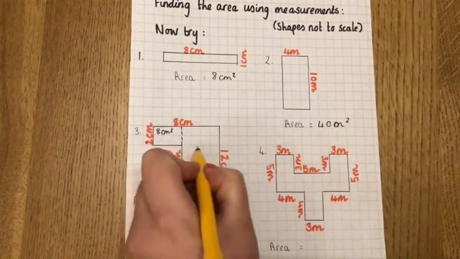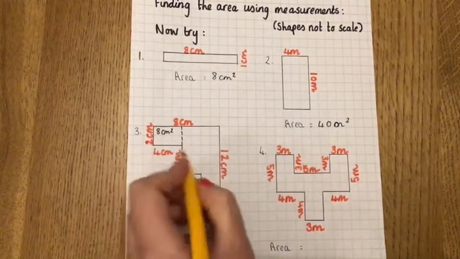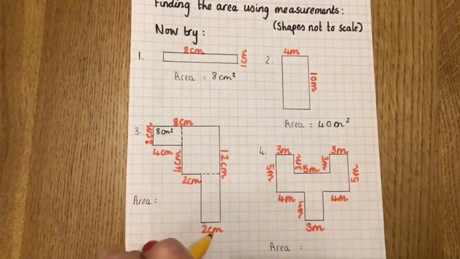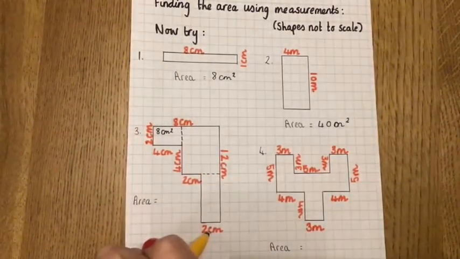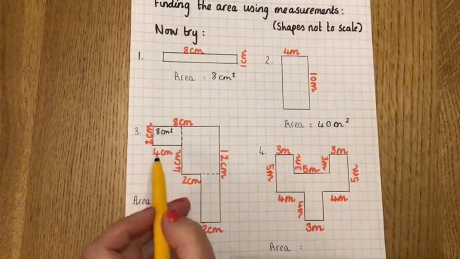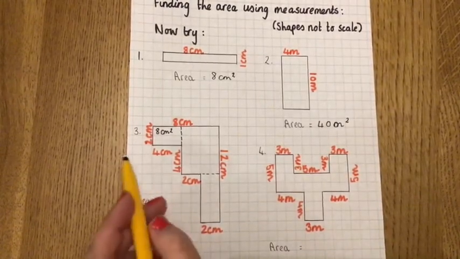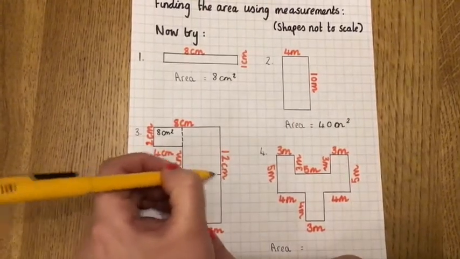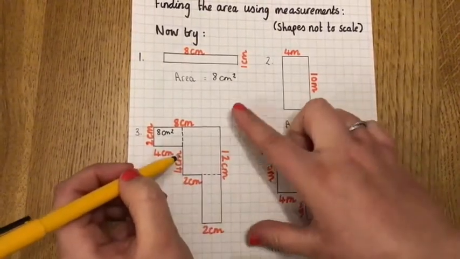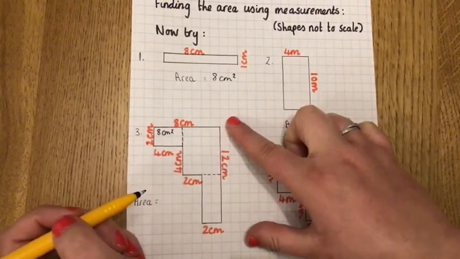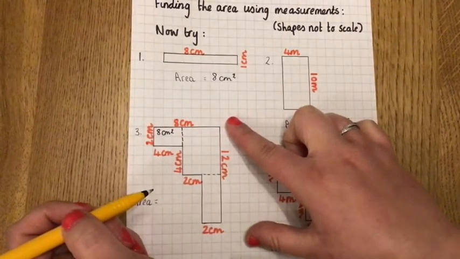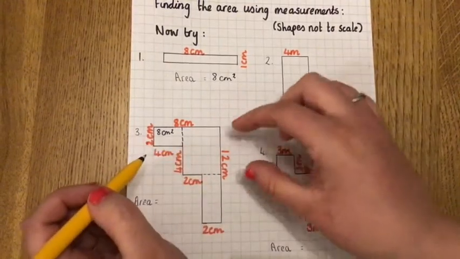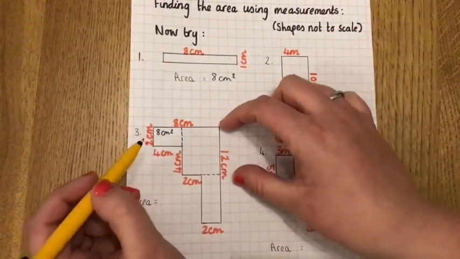Right, for this one down here, I've got 2 times. Now, okay, what you've got to do, I only want to know the bit from here up to my dotted line. I don't want to know this whole measurement. That would be 12. That's too much. That's taking me up to the top. So I need to do 12, take away the top chunk there.